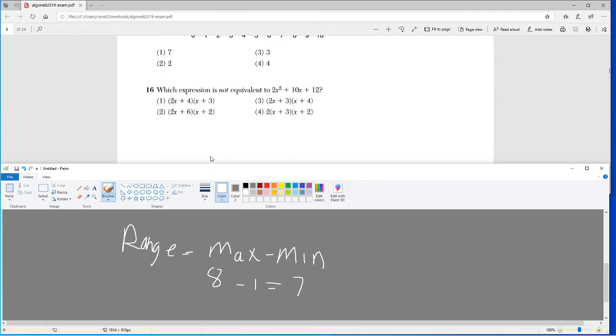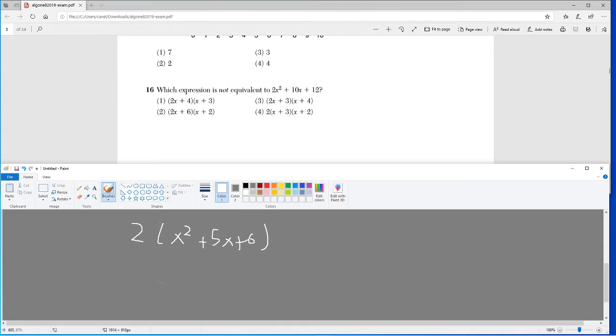Okay. Which expression is not equivalent to 2x squared plus 10x plus 12? So what we can do is factor out 2 from 2x squared plus 10x plus 12. We get 2 times x squared plus 5x plus 6. This is going to be x plus 3 and x plus 2.